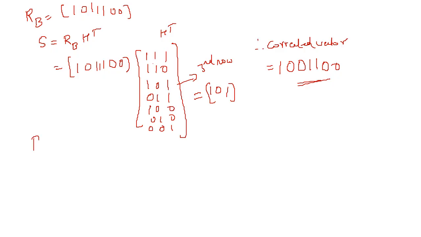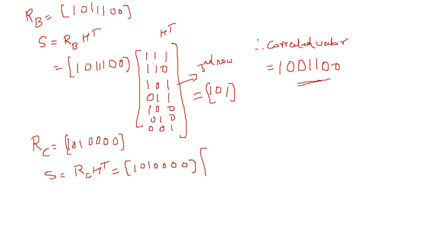Next, the last question, RC, the received vector, is 1, 0, 1, 1, 0, 0, 0, 0. Again we'll find S, which is RC into H transpose. RC is 1, 0, 1, 0, 0, 0, 0.